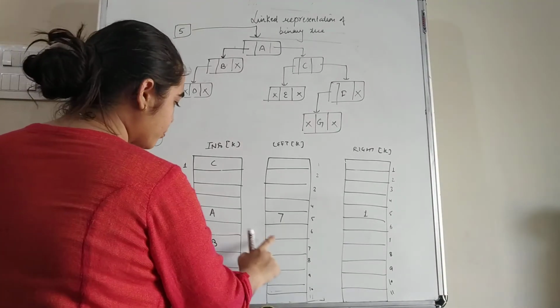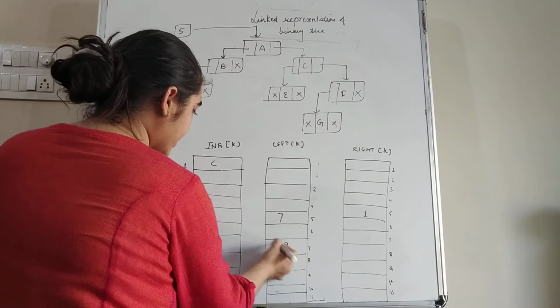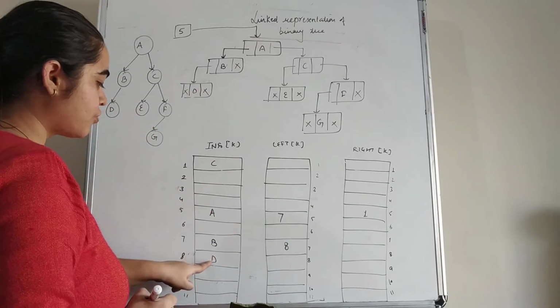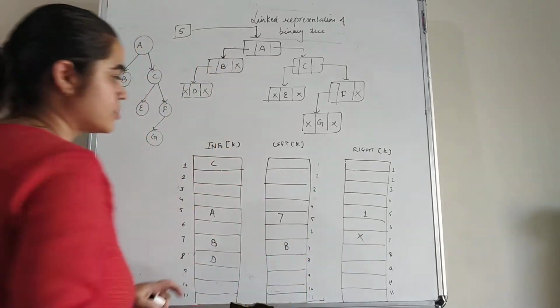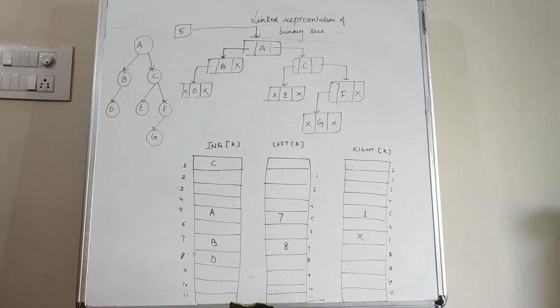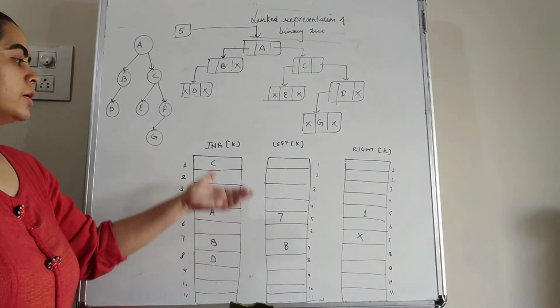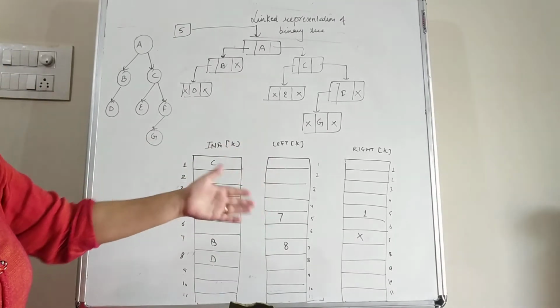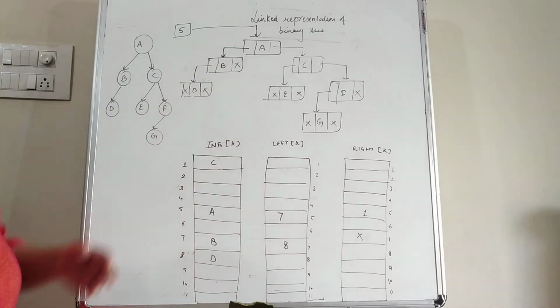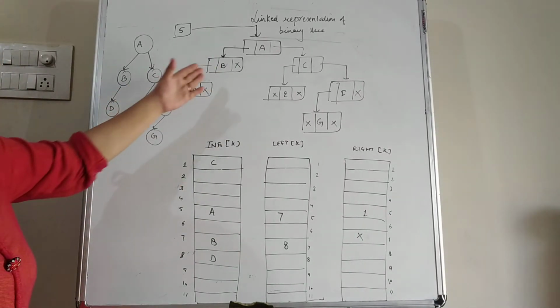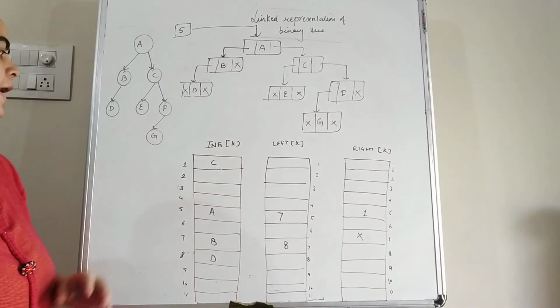So in front of B in the parallel array we write 8, which is for D, and in the next array we store a cross. A cross means a null pointer, that is, there is no right pointer for B, so no further node is connected to B on the right side.